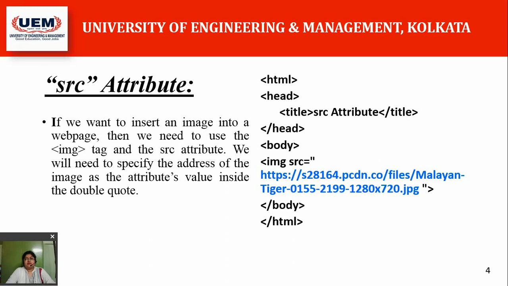In this particular example, we can see that under body, the img, that means the image tag, along with the src, the source attribute, has been used, and this is a particular internet image. We have imported it. We will gradually show you how to develop it.